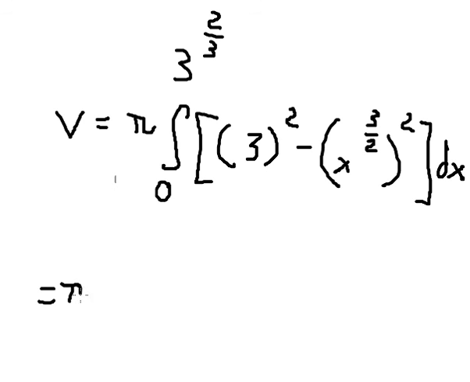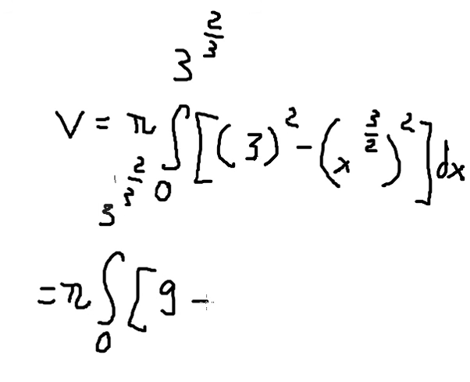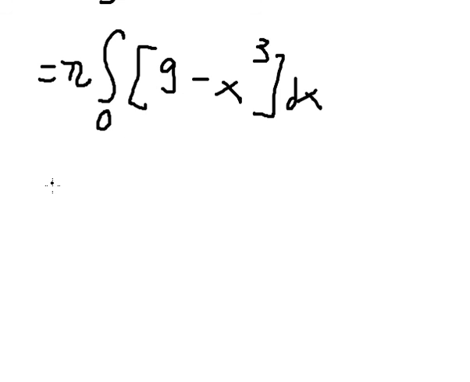And now we have b and we have the integration from 0 to 3 to the power of 2 over 3. This one you got number 9. This one you got x to the power of 3 dx. And now we have the final answer.